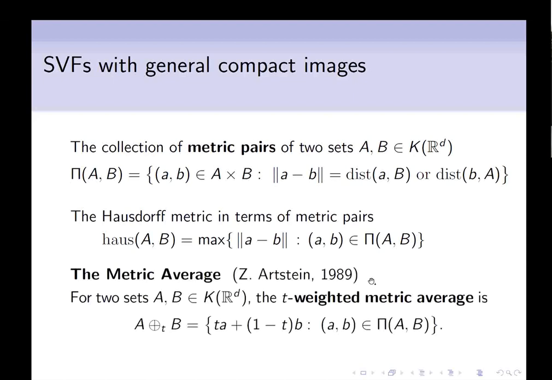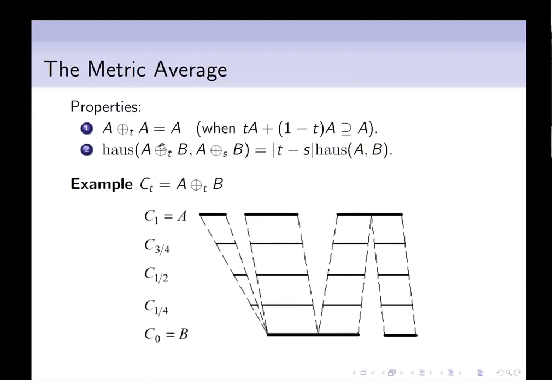Now in 1989, Z. Artstein introduced a new set operation, which we later called the weighted metric average of two sets. We denote it by this sign. In terms of metric pairs, it can be defined as follows. This is the collection of all linear combinations, but only of elements that form a metric pair from this collection. So we construct linear combinations only of closest elements from these sets. Here are some properties of this operation.